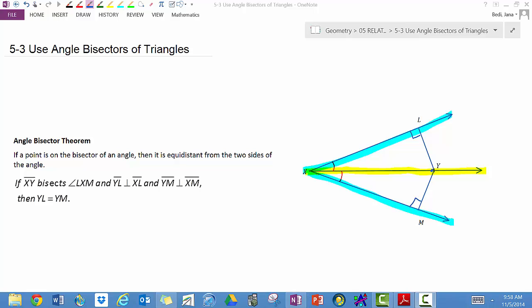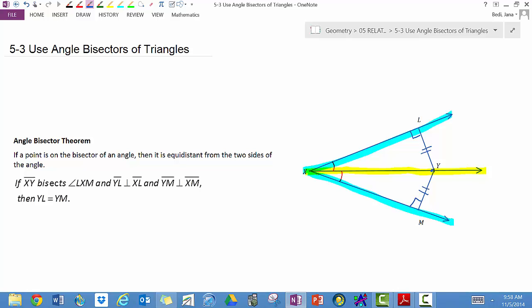So the theorem says if a point is on the bisector of an angle, which is point Y, then it is equidistant from the two sides. The important thing to remember is that when we talk about the distance from a point to a line, it must be the shortest distance, which means it has to be the perpendicular distance.